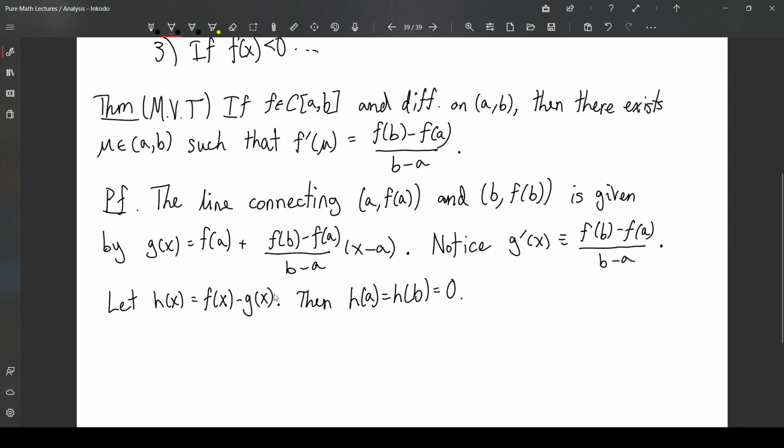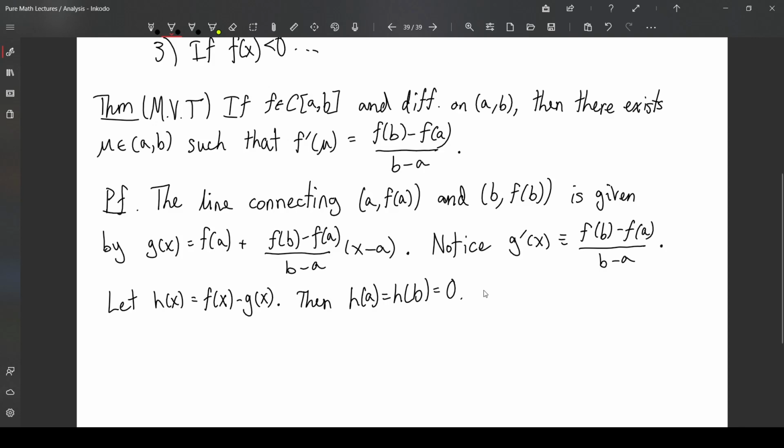So when we subtract them, we get 0, right? And g of x is a line, right? So it is continuous. The difference of two continuous functions is continuous.